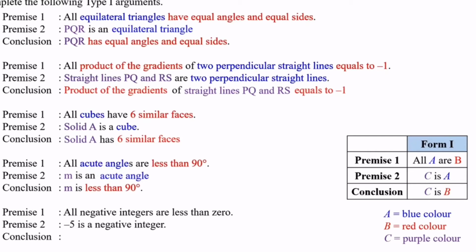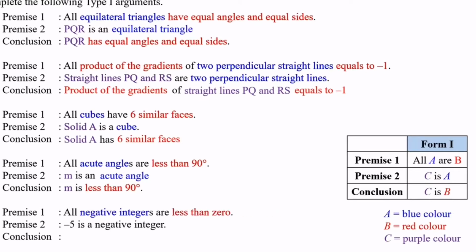Before we go to form 2, we have type 2. For this one, we have blue color. We highlight statement A in blue color, followed by red color, and then premise 2 is the purple color, -5.